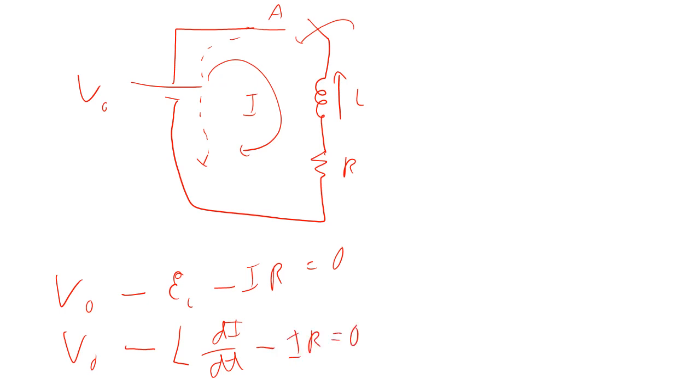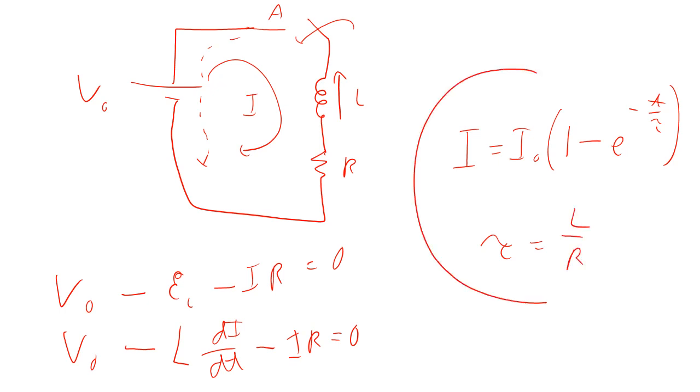Now again, we saw a very similar equation to this when we looked at the capacitor as it was charging, and so you get exactly the same result here: I is equal to I naught times (1 minus e to the minus t over tau), where tau equals L over R. That's for when current starts to go through the inductor.